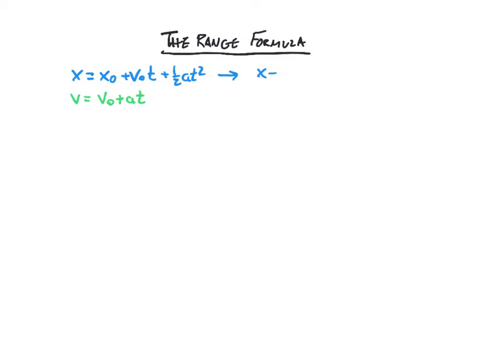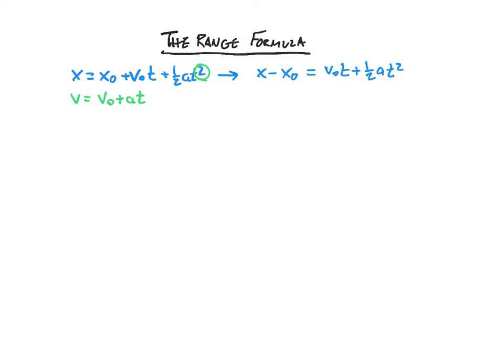If we do that, first we notice that we can rearrange the x equation. So this becomes x minus x0, and that's going to be v0t plus 1/2 at squared. Now we can solve for t in the velocity equation. The reason that we'll solve for it in the velocity equation instead of the position equation is because in position we have a t squared, so it's just harder to solve for t.